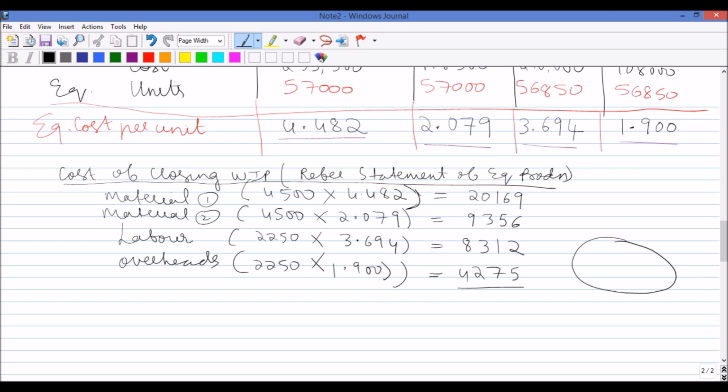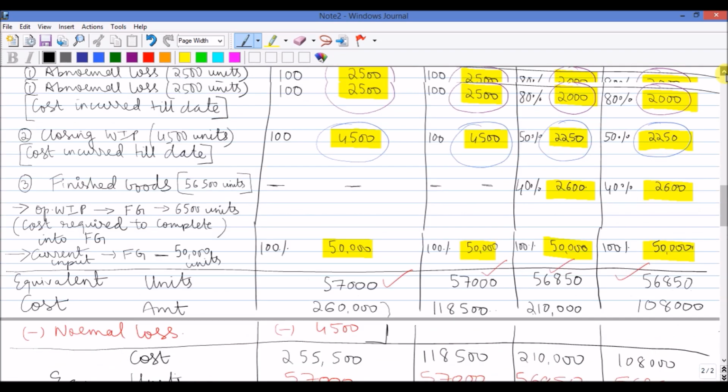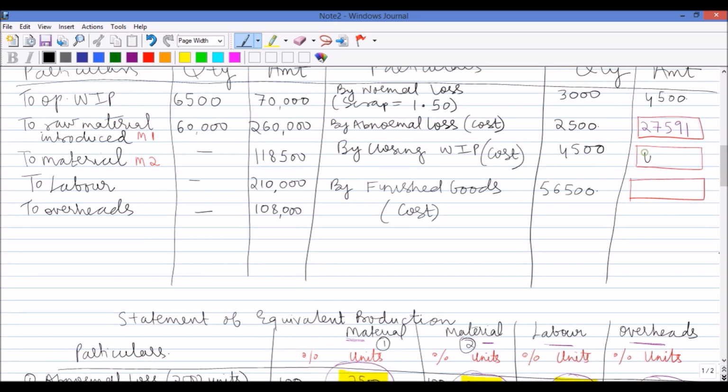So it is 20169 plus 9356 plus 8312 plus 4275. It is 42112. Okay, so I'm going to write here 42112. Now let us do this part so that I can explain you all properly.